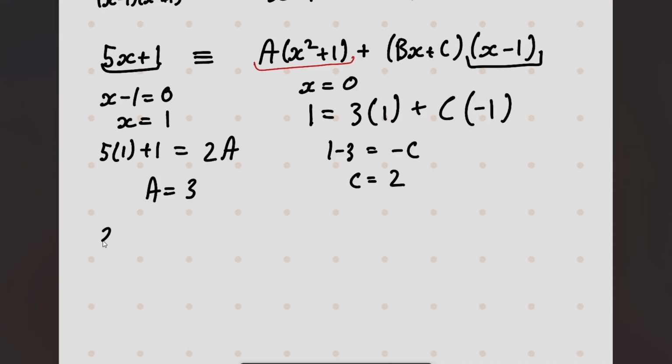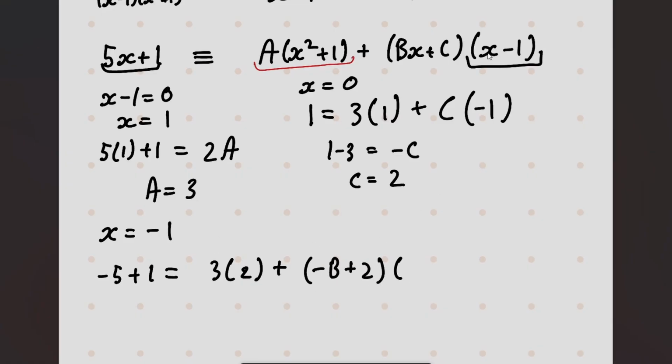In this case, since we already have 1 and 0, we're going to take something else. So let's say we take negative 1. So now you're going to get b is equal to negative 3.